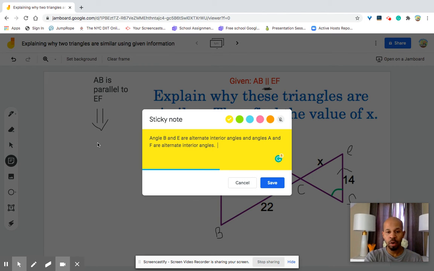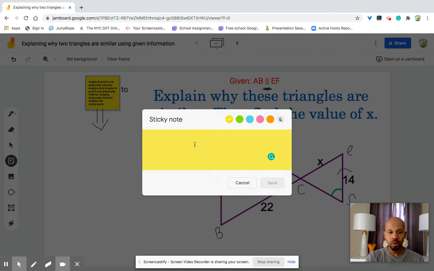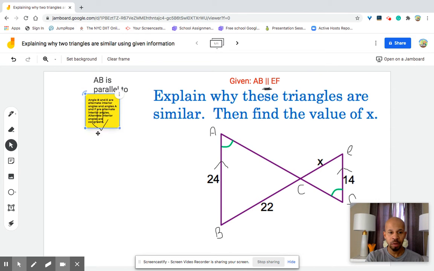What do we know about alternate interior angles formed by parallel lines cut by a transversal? Alternate interior angles are congruent.